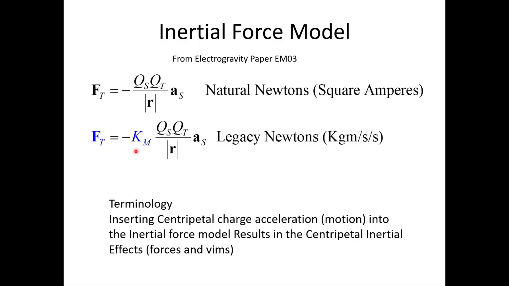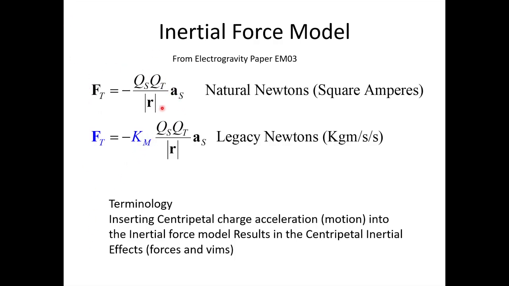Some people say, well, mu is the permittivity or permeability, whatever, of free space. No, it is not. It is kilograms divided by natural inertia. Period. And I can have a whole discussion on that. But right now, every time you want to convert natural units to legacy units, all you do is multiply by Km.